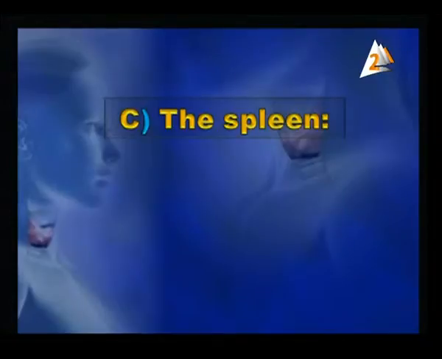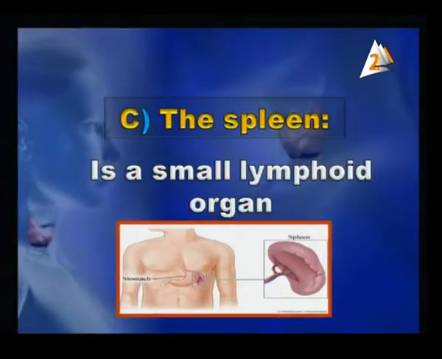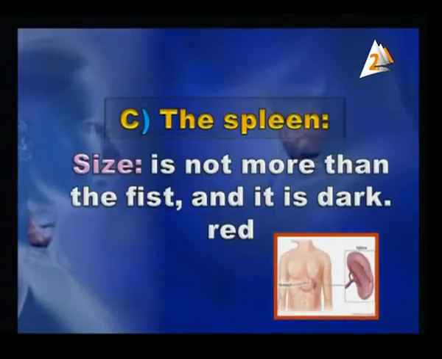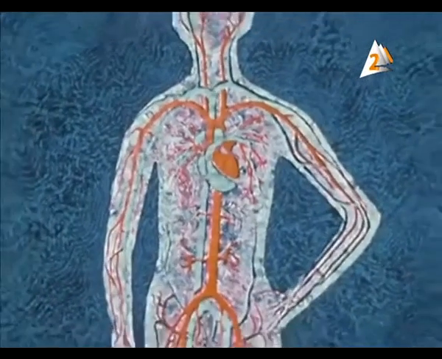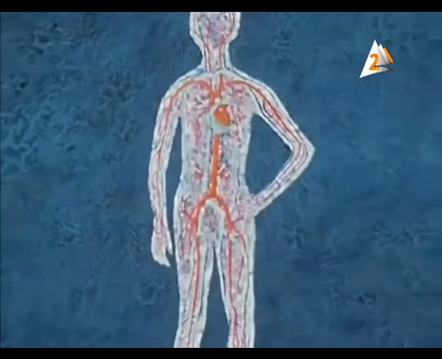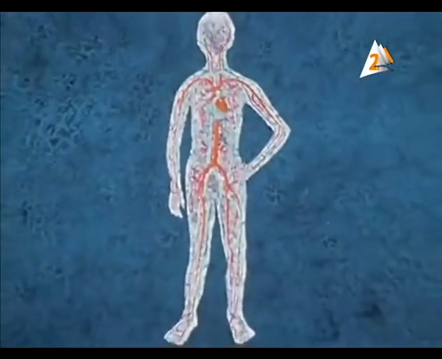The third organ is the spleen. The spleen is a small lymphoid organ, the size of a fist, with a dark red color. It is located in the upper left side of the abdominal cavity.